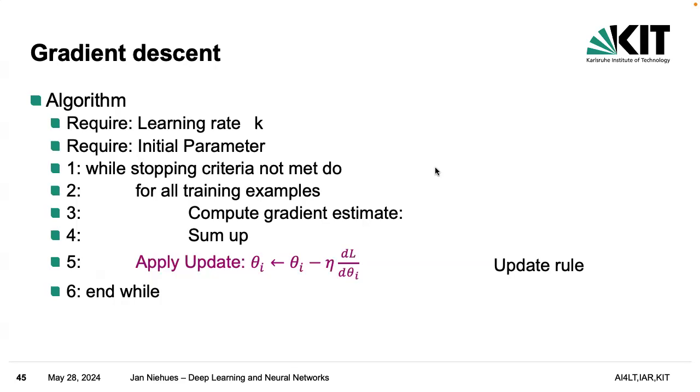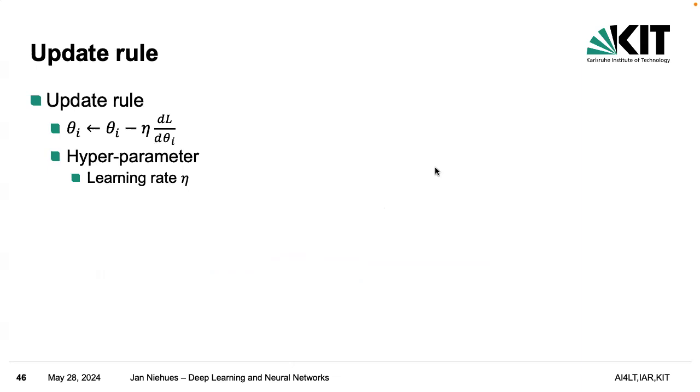So there is quite a lot of work on how to find good learning rates, because this is a very important hyperparameter: how far do you want to go in the direction. If you go too little in the direction, you're not really learning something new. If you go too far, you're jumping over the minima, and what you mainly do is some random guessing.